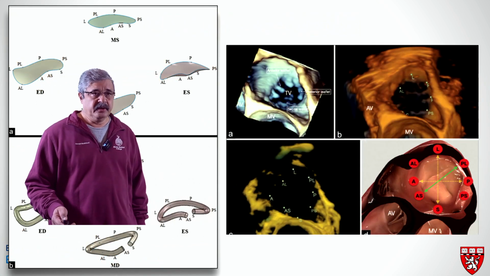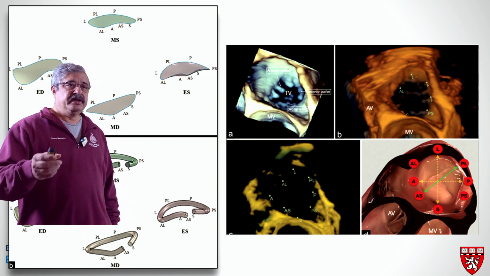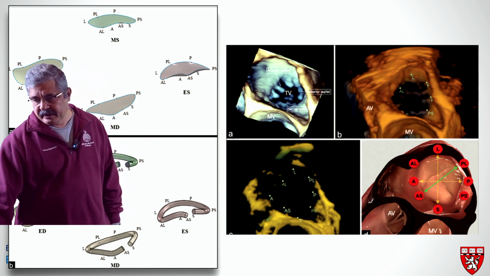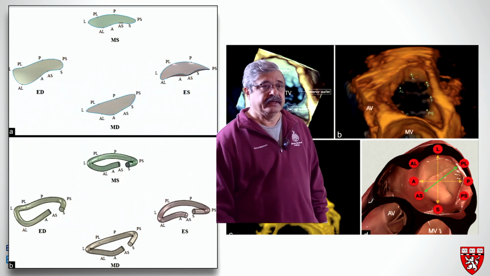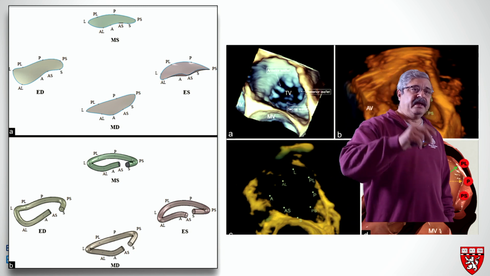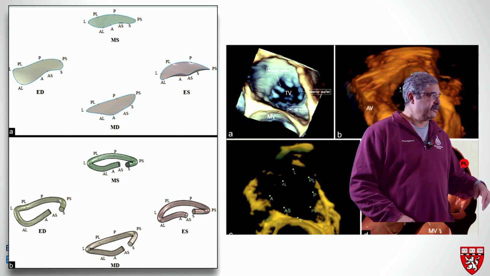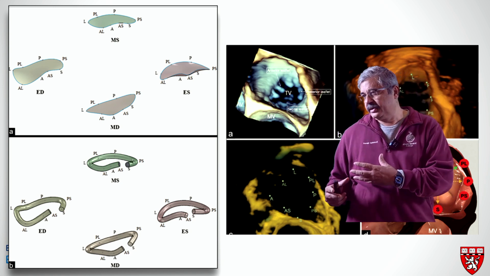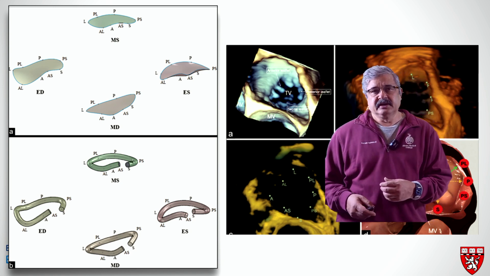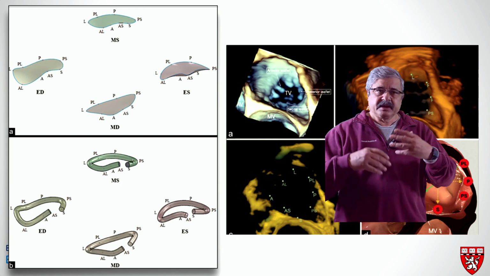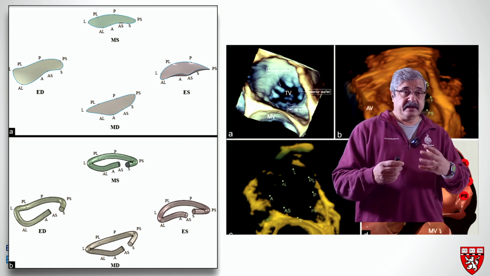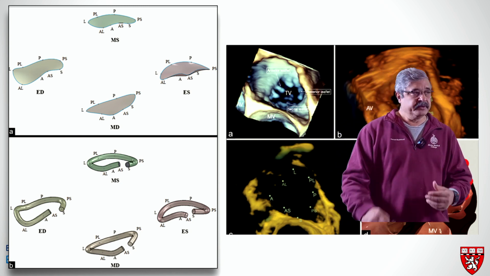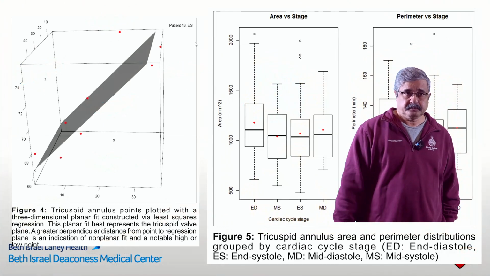So we took this approach to demonstrate the motion of the tricuspid valve at end systole, mid-systole, end diastole, mid-diastole, and even 3D printed these models to demonstrate how this thing changes. It's because that gives a little bit more spatial orientation to people when they look at it in 3D than trying to appreciate that in 2D.